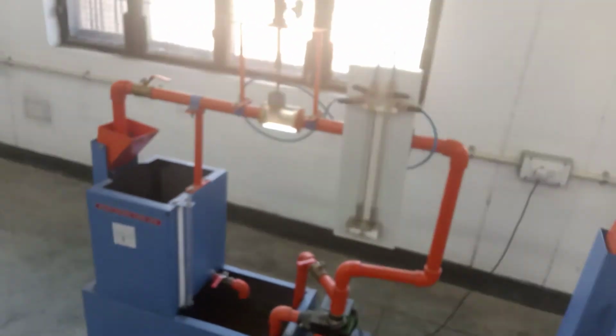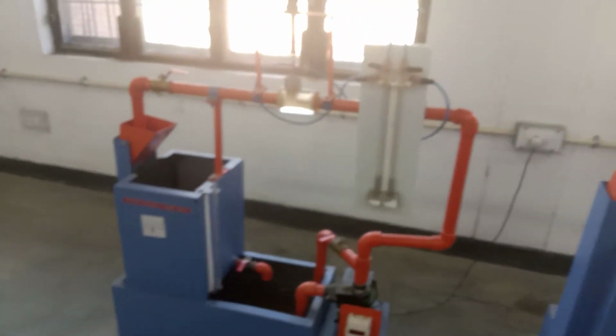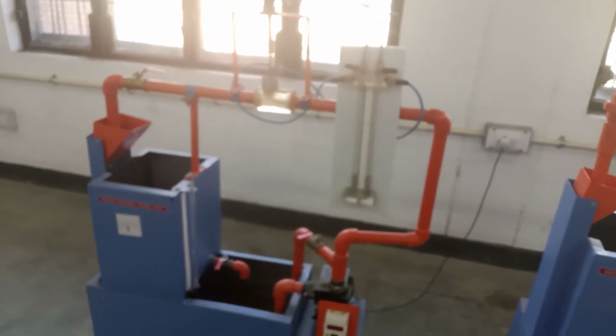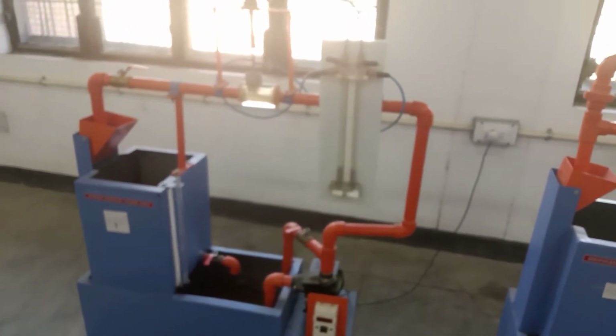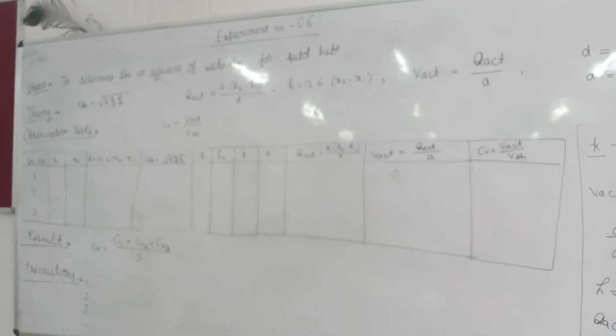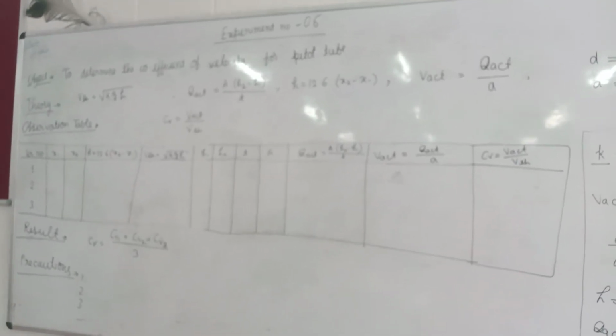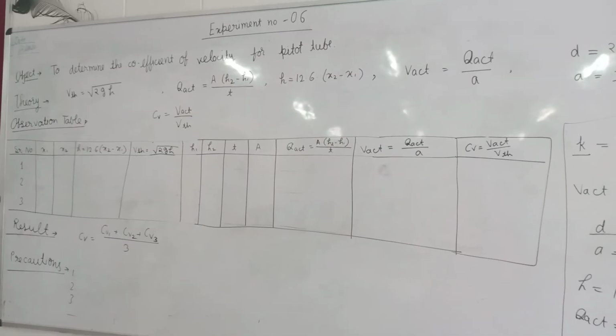The time taken by you is 10 seconds at this time. You are free to choose any time because the value of Q would not be affected by the time taken. Both tank readings of H1 and H2 can be used for the determination of Q actual.